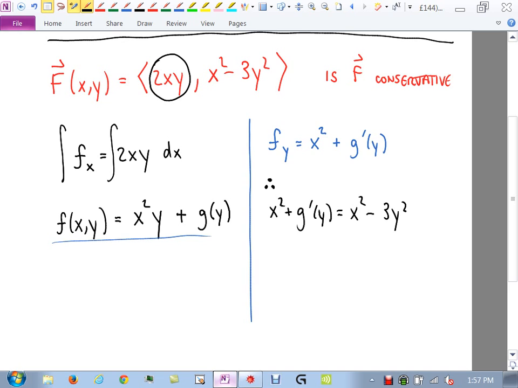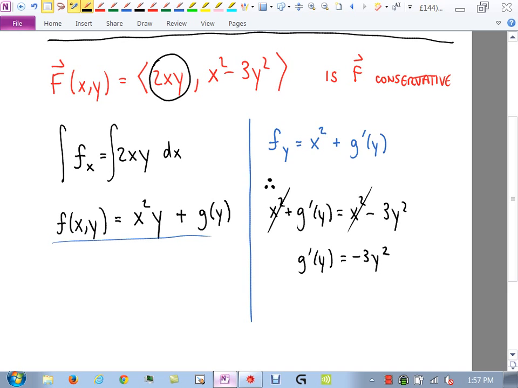You see what I'm doing? I'm matching this up to up here. And then don't the x squareds cancel from both sides? Which means g prime y equals negative 3y squared, which means I can now do what?